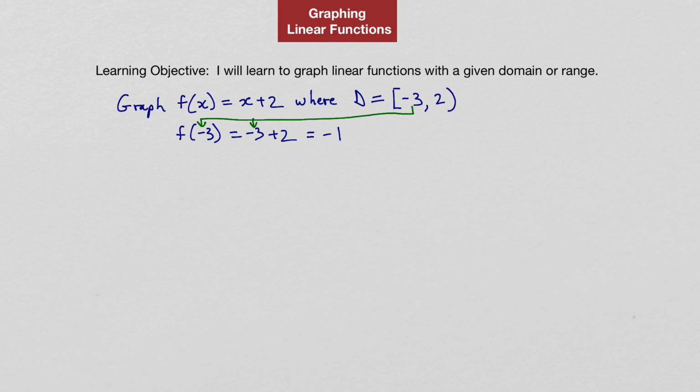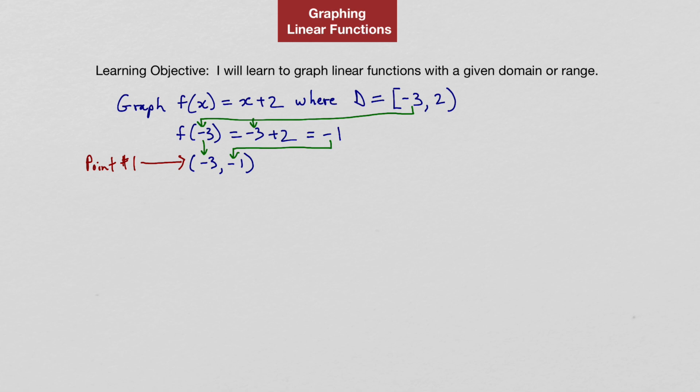So the first point we're going to use will be -3, comma, -1. So this -3 goes down here, and this -1 goes over here. Okay, and then we're just going to label this point number 1, and there we have it.